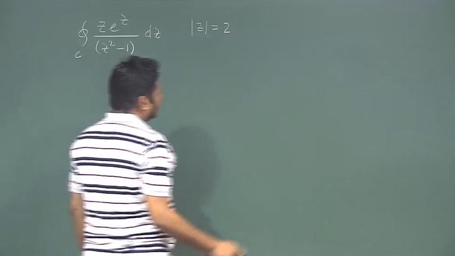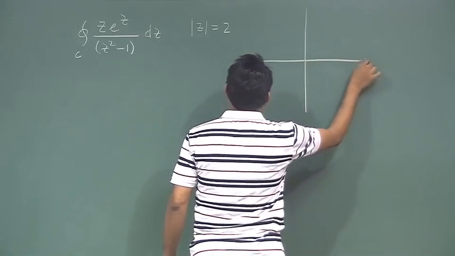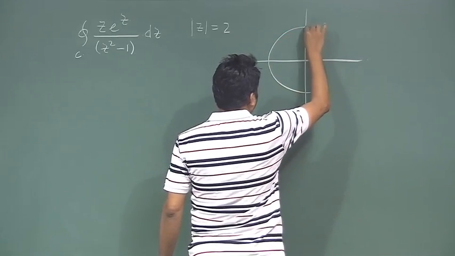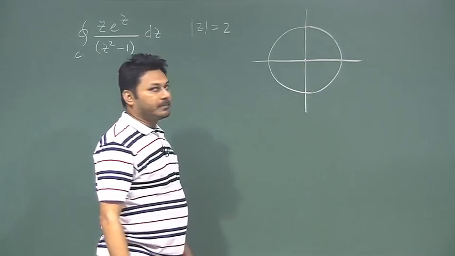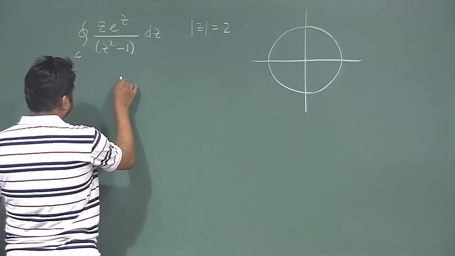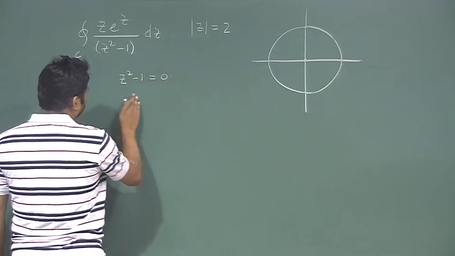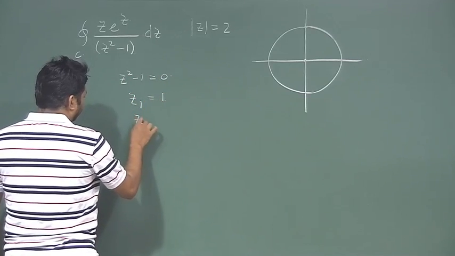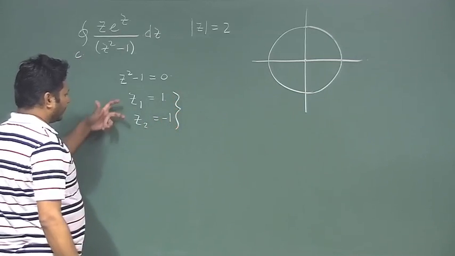As usual, let us try to find out where this singularity lies for this domain. Mod of z equal to 2 means I have a circle of radius 2 like this, centered at z equal to 0. Now, the singularity is where z square minus 1 is 0. So, obviously, one singular point is 1 and another singular point is minus 1.